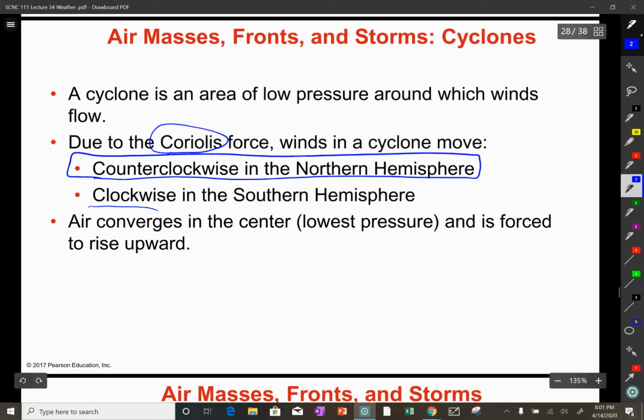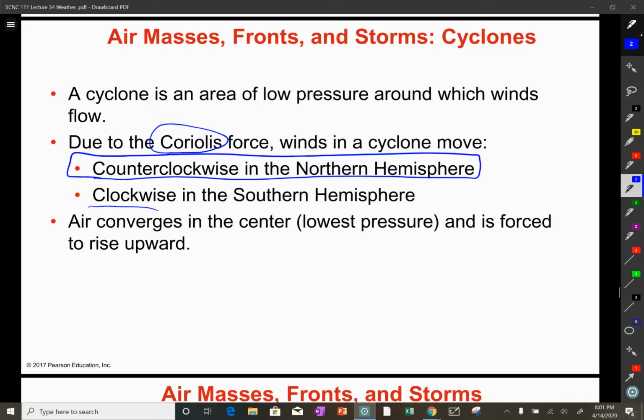The Coriolis effect is the effect that because the radius from the axis of the Earth's rotation to the surface of the Earth is smaller as you move toward the poles and bigger as you move toward the equator, then the actual direction or speed that a point on the Earth is traveling toward the east is fastest at the equator and slowest at the pole.